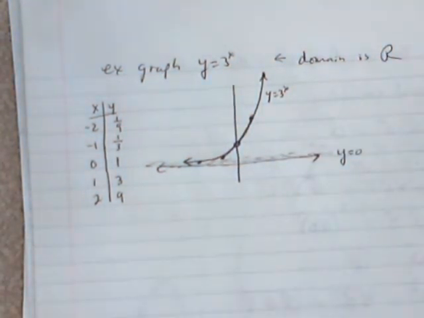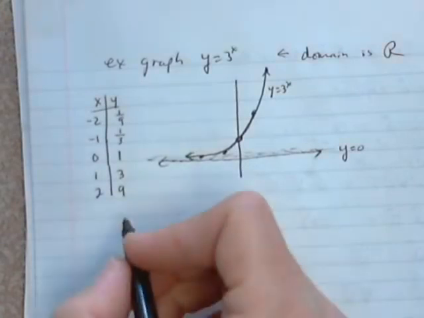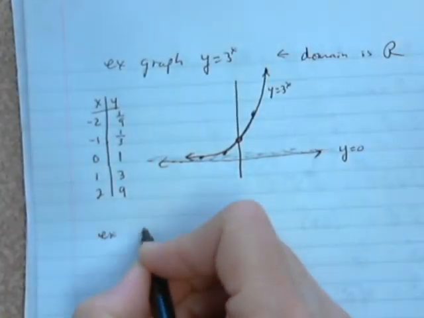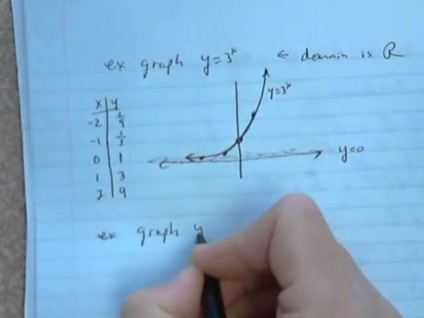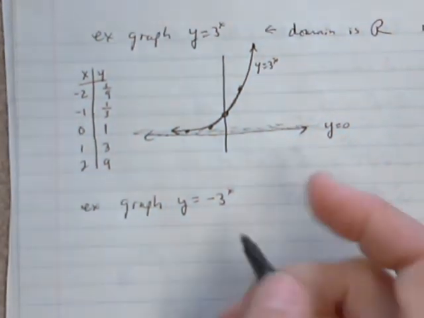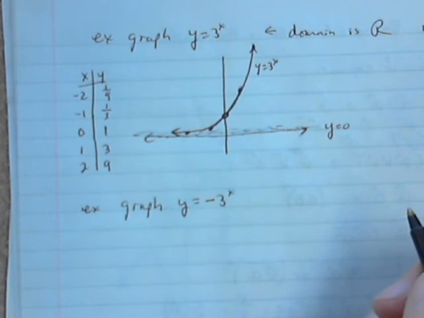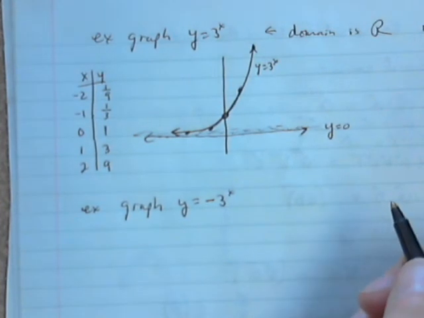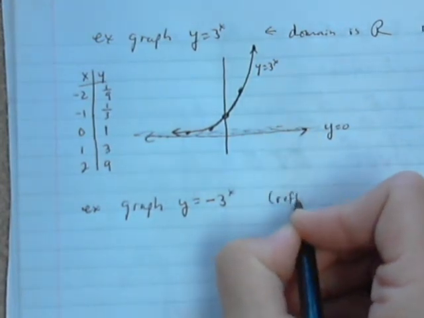And if we wanted to do any kind of transformation, let's say we want to graph y = -3 to the x power. Well, what does a negative outside the entire function mean? It means we're going to negate all of the y values, which means it's a reflection in the x-axis.